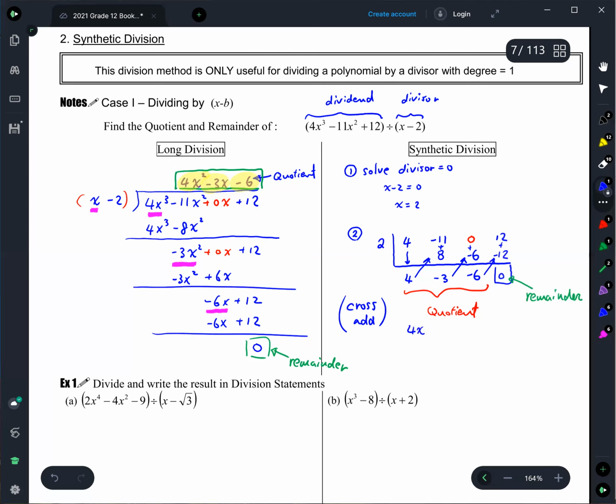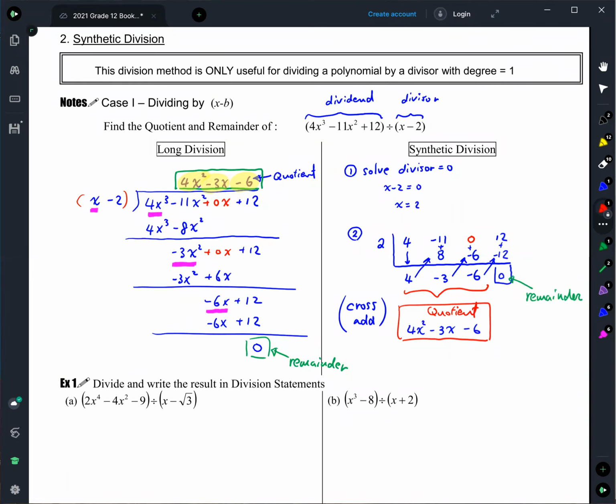So you start with 4x squared minus 3x and minus 6 to be the quotient. So you can see that it saves a lot of space and time to write out all the x, and you just need to do cross and add with numbers.